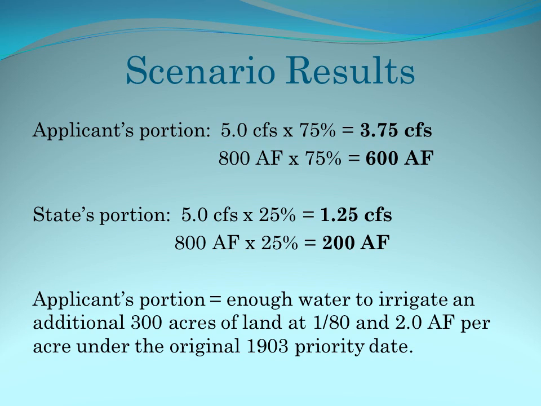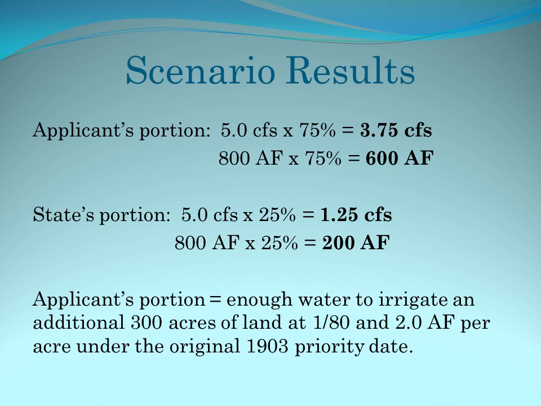Utilizing our previous example, here we took the quantity of water conserved and multiplied it by 75% to depict the applicant's portion as 3.75 CFS and 600 acre-feet. As you can see, we calculated the state's portion, 25%, in a like manner.